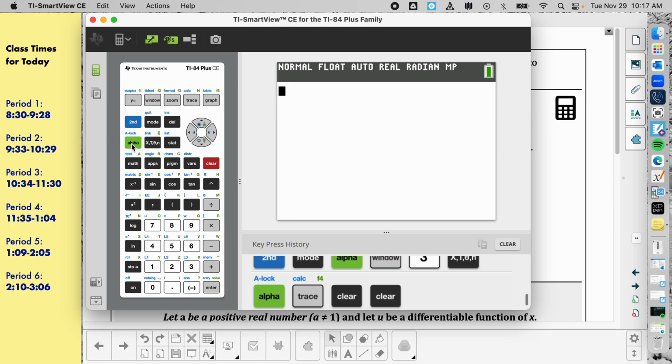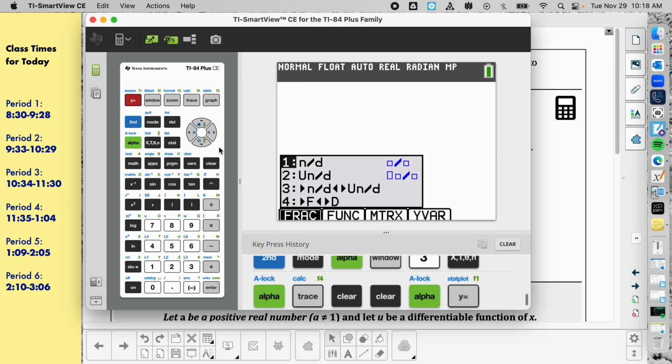So you have to hit alpha to get to F1 or F2 or F3 or F4. And they're not labeled in any which way. But if you hit alpha and go to them, it tells you on your screen which button does what.